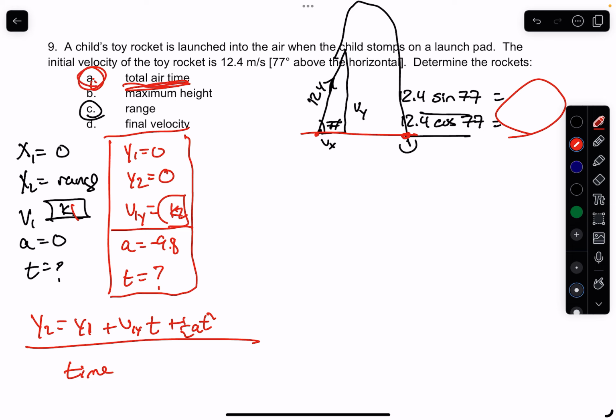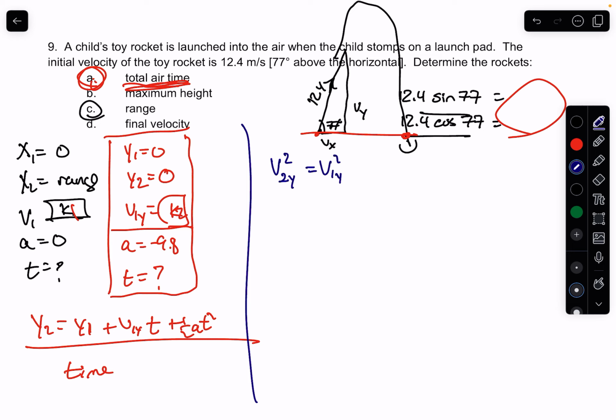The max height. Now on max height, I have found the easiest way for max height is to use equation 3, v2 squared, and this is in the y direction, super important, is equal to v1y squared plus 2a times the change in y. And now we're trying to find the change in y.